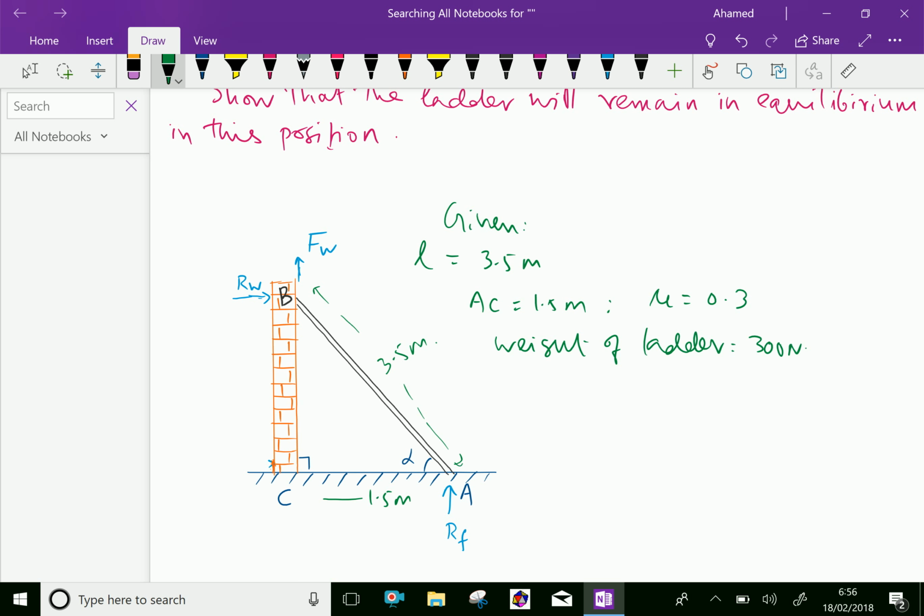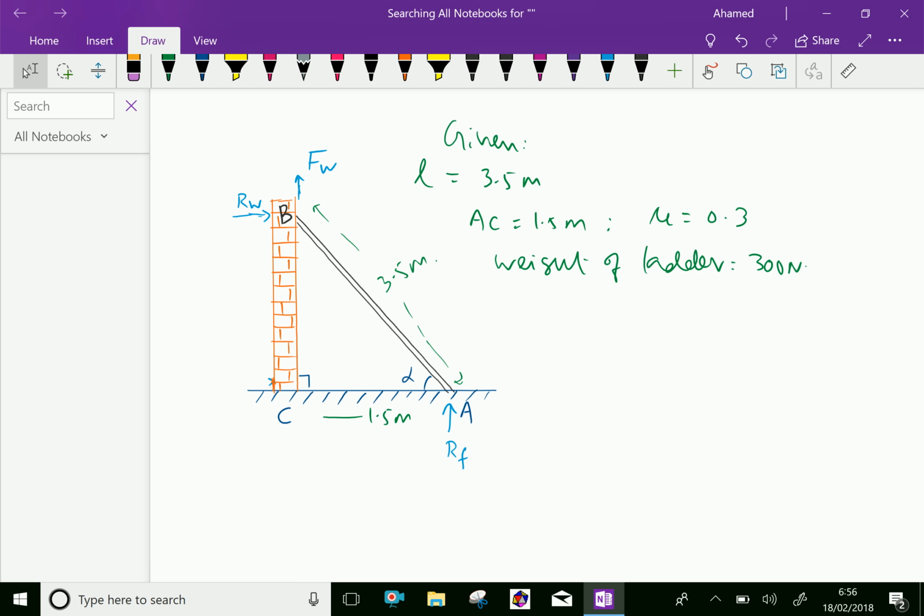Now we will calculate the forces acting on the ladder.